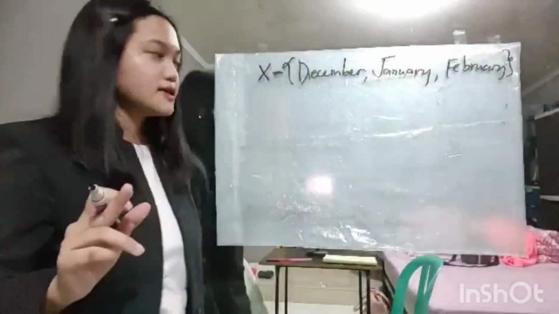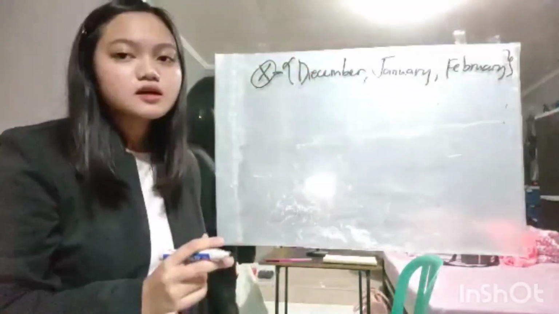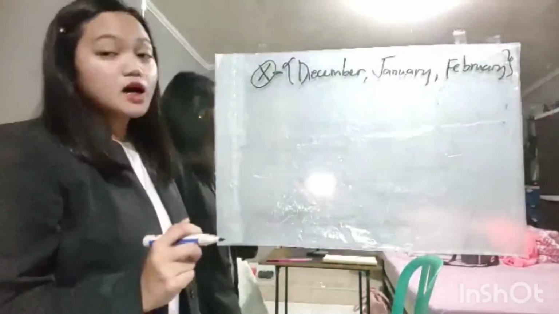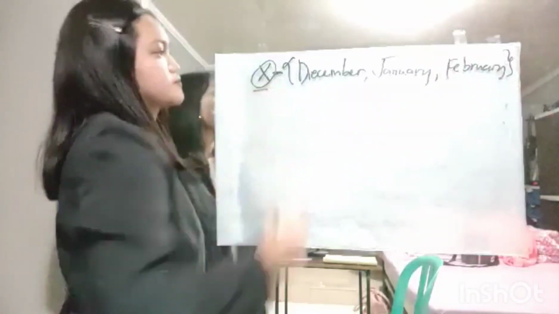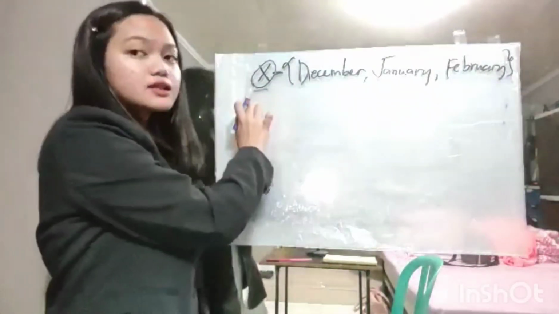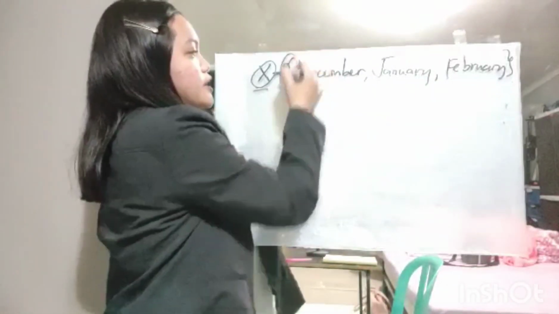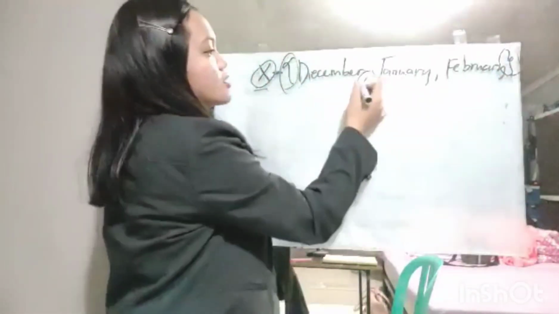As you can see, the set is named with a capital letter, and its elements are written between curly brackets and separated by commas.